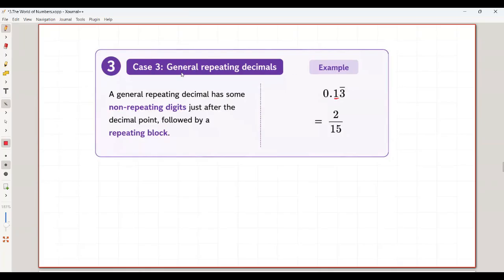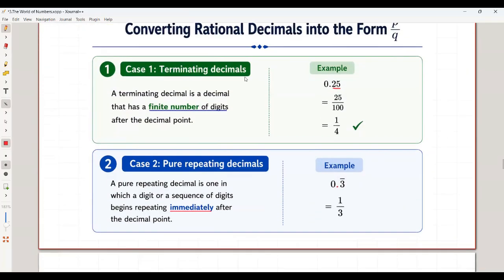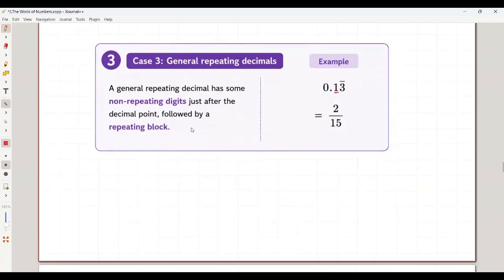This type of number is called general repeating decimal. This is for your understanding. First is terminating decimal, second is pure repeating decimal, third is general repeating decimal. In case they ask for one mark, you must know.